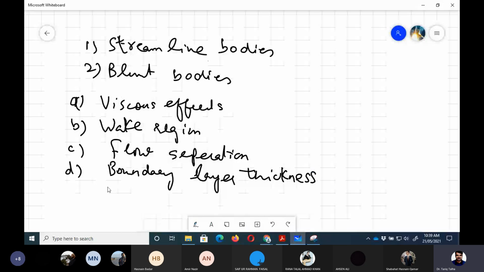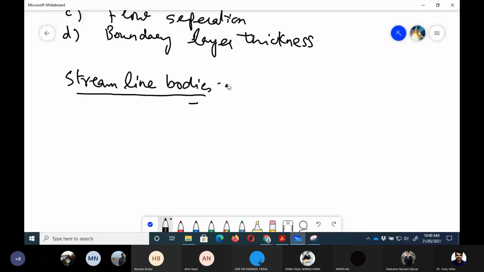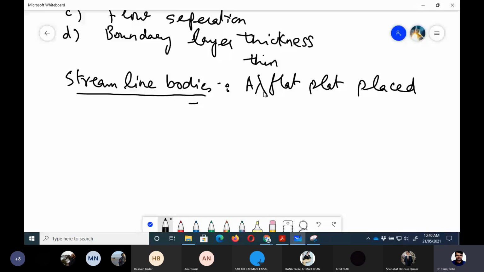What is a streamlined body? An example of a streamlined body is a thin flat plate placed parallel to the flow direction.